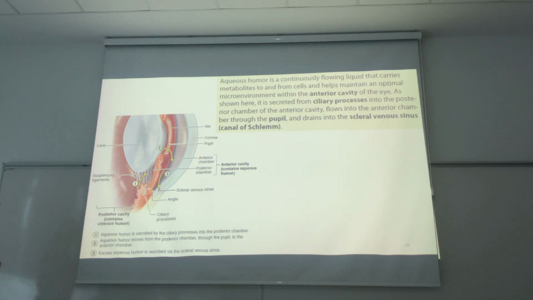The non-pigmented epithelial cells on the inner side of the ciliary epithelium produce the aqueous humor. This aqueous humor is released to this part, then goes through the pupil to the anterior side, and after that continues to the scleral venous sinus, or Schlemm's canal.